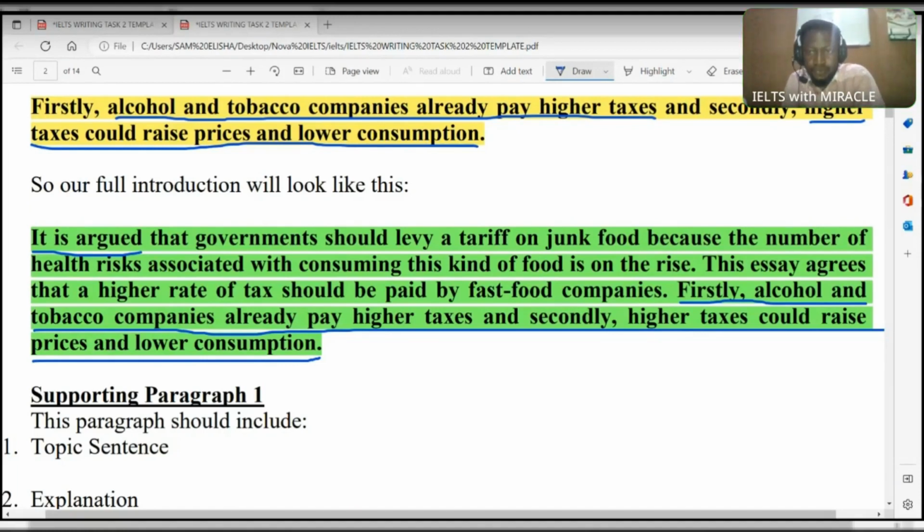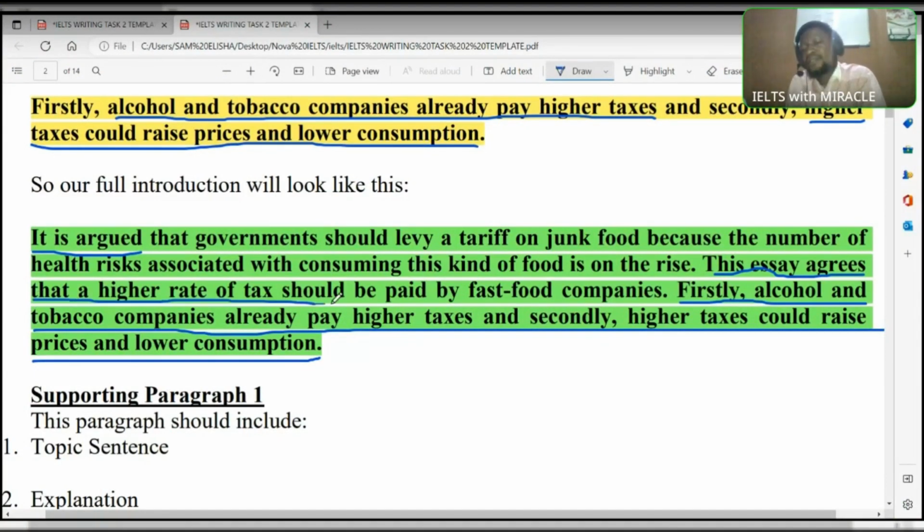The thesis statement states the position you have taken in an argumentative essay. Right? Now, I'll just quickly underline the thesis statement for you. Here, you have it. This essay agrees that a higher rate of tax should be paid by fast food companies.